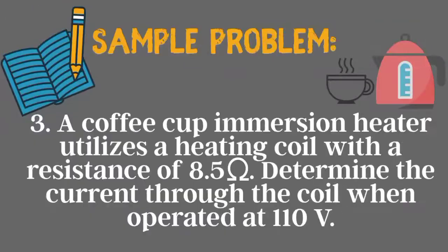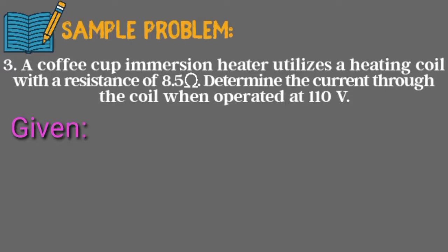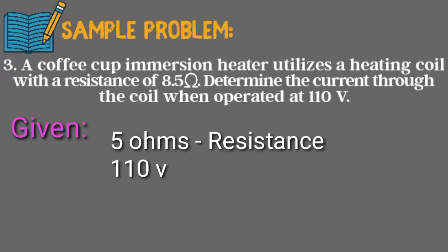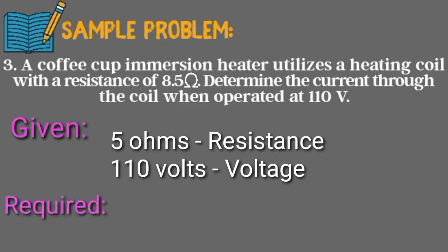A coffee cup immersion heater utilizes a heating coil with a resistance of 8.5 ohms. Determine the current through the coil when operated at 110 volts. For our given, 8.5 ohms resistance and 110 volts voltage, we are required to find the current.